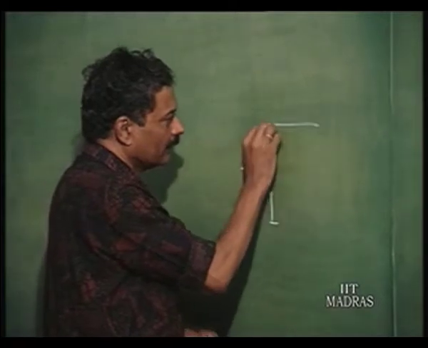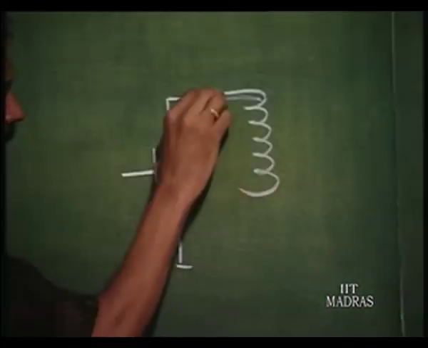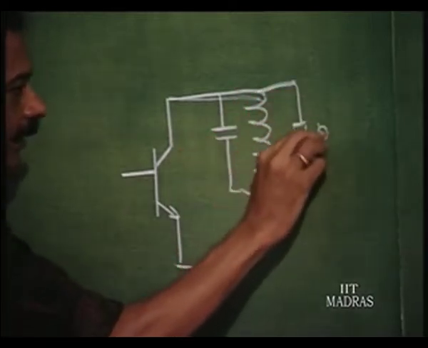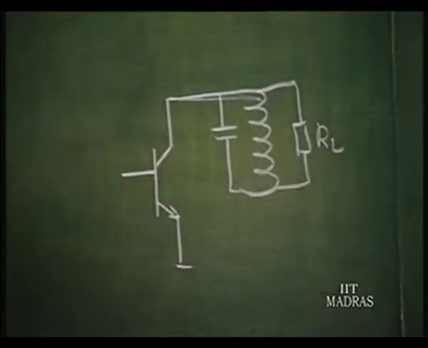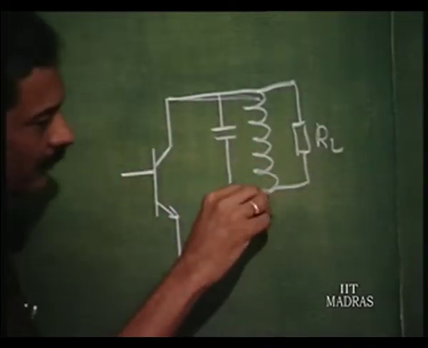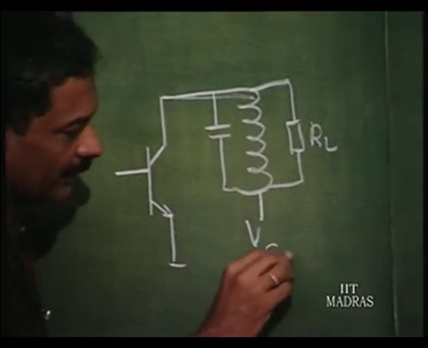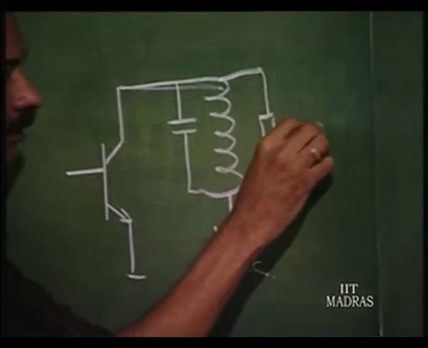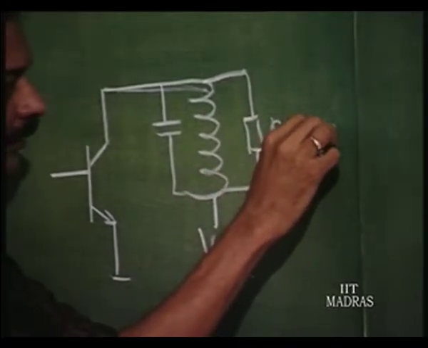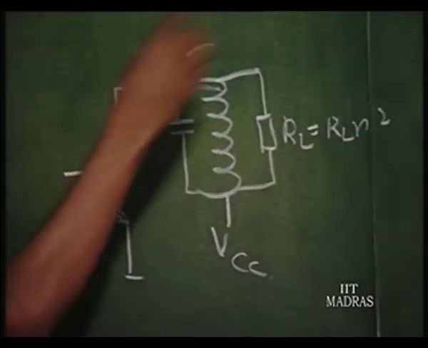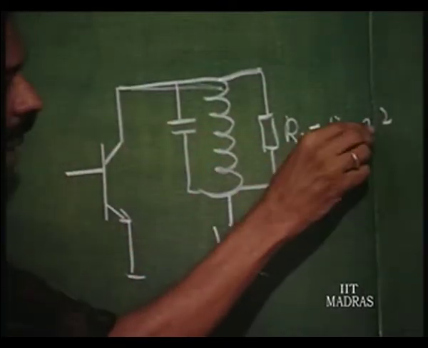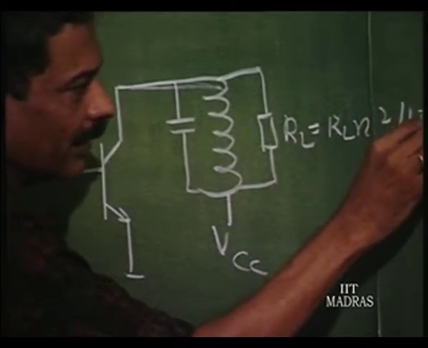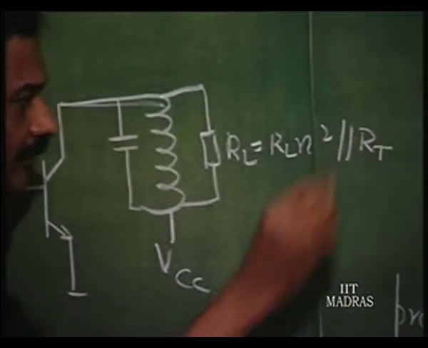with a tuned circuit load. Let us say this is the effective load, considering the transfer from the other side of the secondary also. So, this is VCC. Let us say if this is RL, this will be RL into N squared, where N squared comes from the turns ratio of the coil, in parallel with whatever loss component is there of the tank circuit.